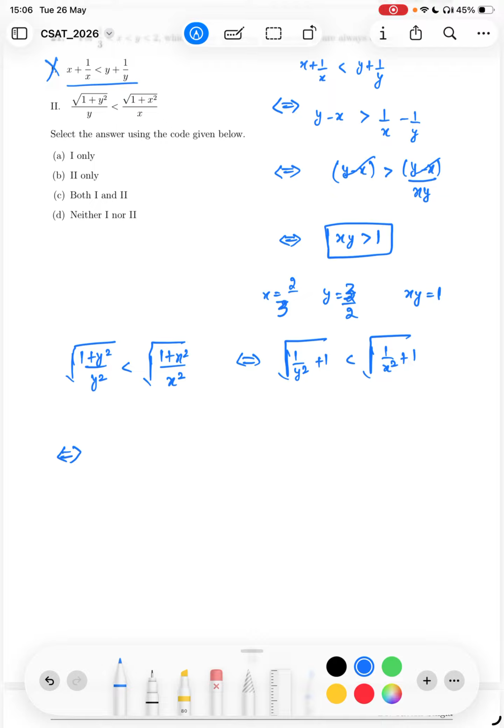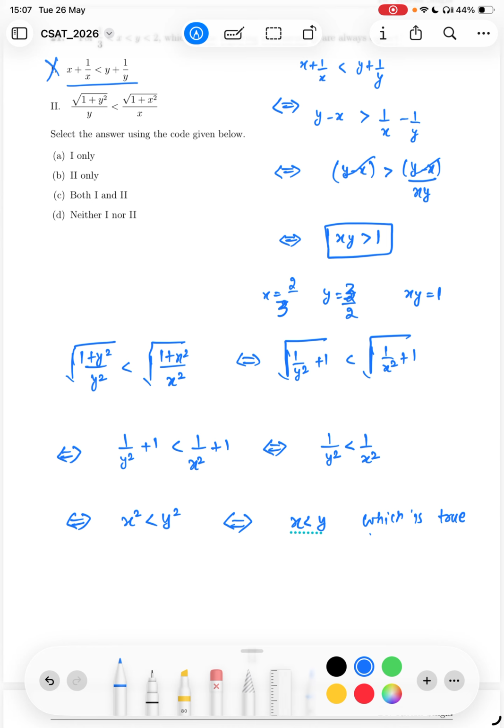Squaring both sides, it is equivalent to saying 1 upon y square plus 1 is less than 1 upon x square plus 1, which is equivalent to saying 1 upon y square is less than 1 upon x square, which is equivalent to x square is less than y square, which is equivalent to saying x is less than y, which is true, which was the given statement.